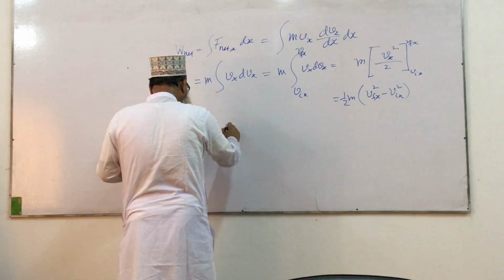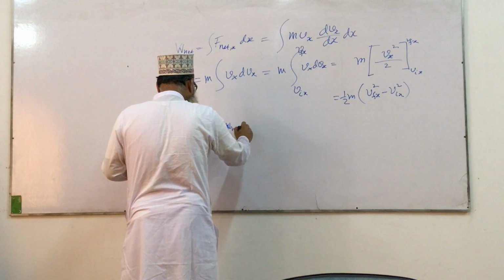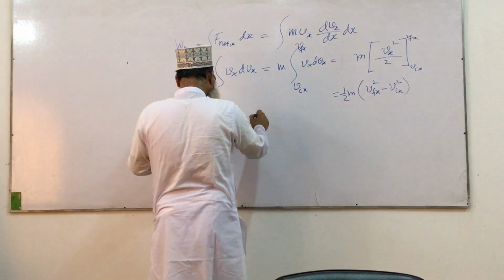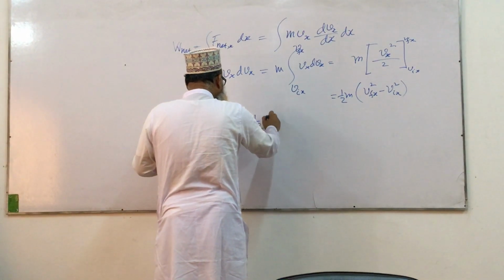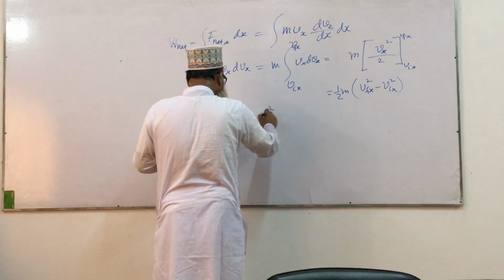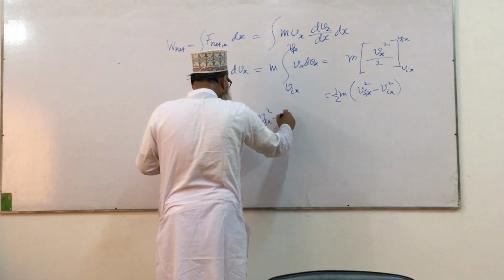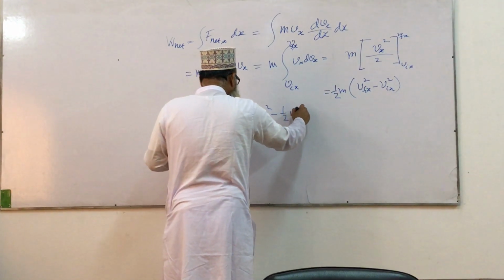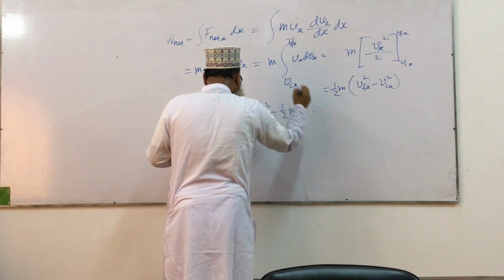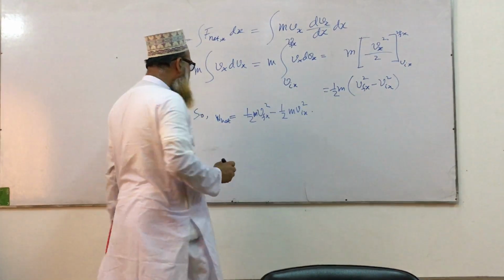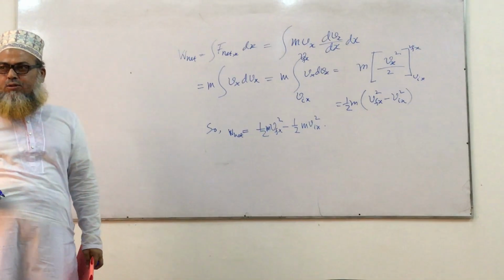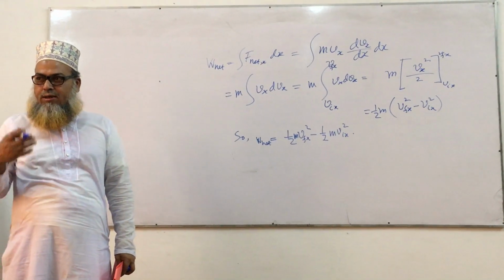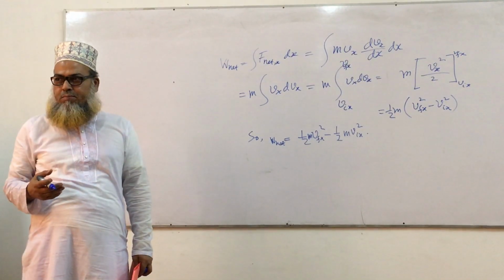So W net equals half m vfx square minus half m vix square. This is again the work energy theorem.